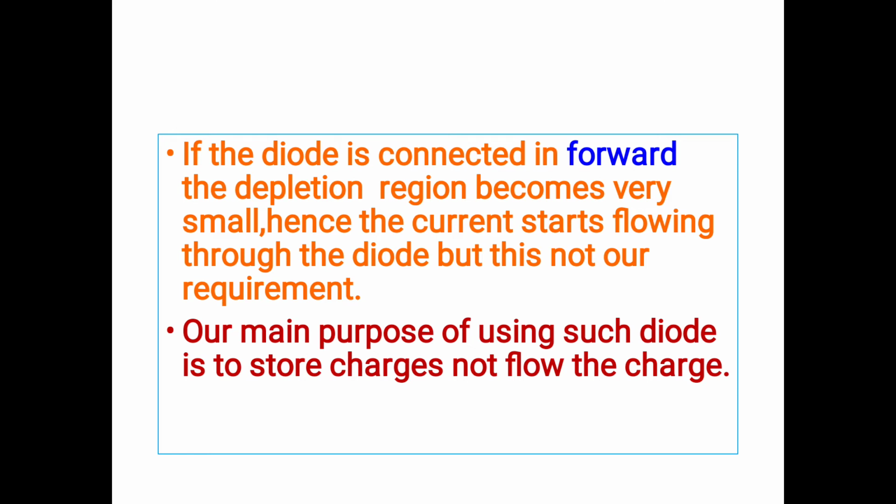So we don't require this because we require the storage of the charges. If we are using the varactor diode in the forward bias condition, then we are not going to obtain our requirement. The main purpose of using the varactor diode is to store the charges, not to flow the charges. So this is our main objective of using the varactor diode.